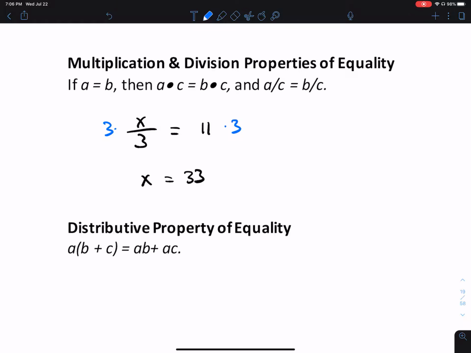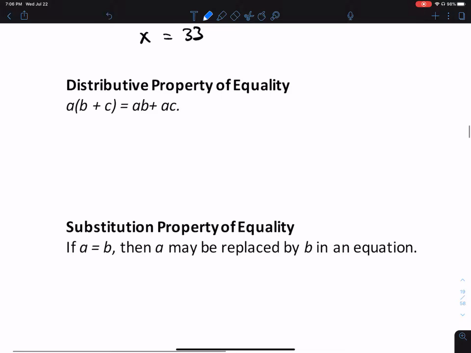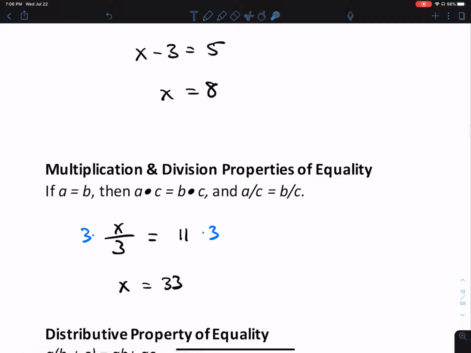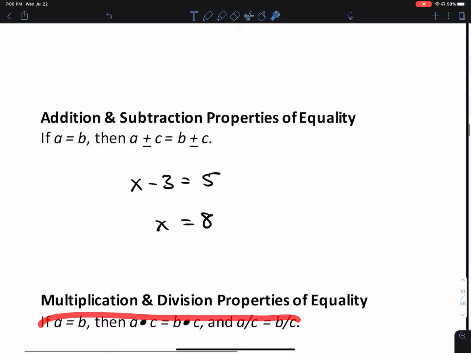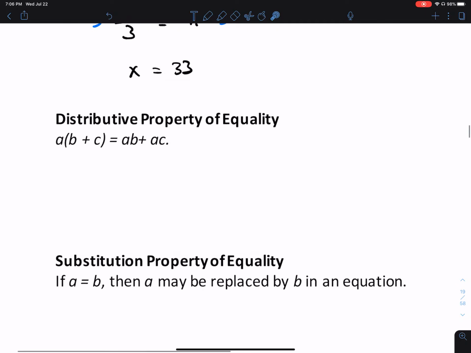Now, the distributive property, everyone remembers this name, and there's a distinct reason why. Because your teachers that you've had that have used it have mentioned this property every time they've used it. But it's likely that they haven't mentioned these other properties every time they've used them. Distributive property of equality for real numbers.